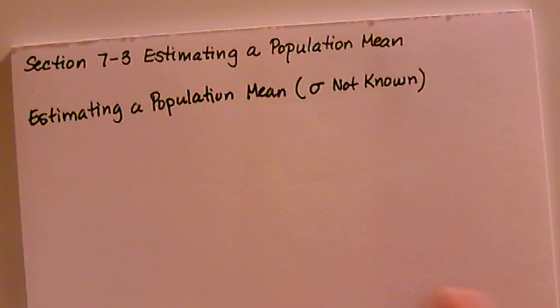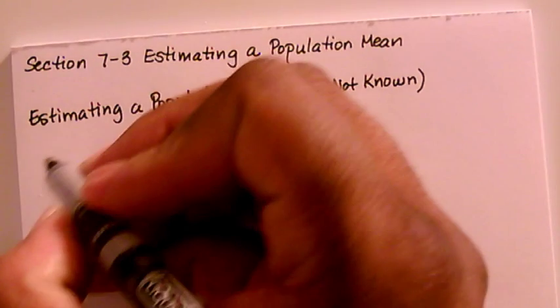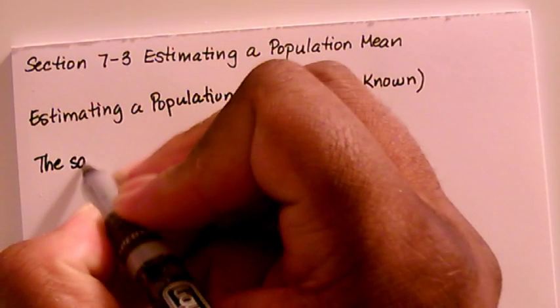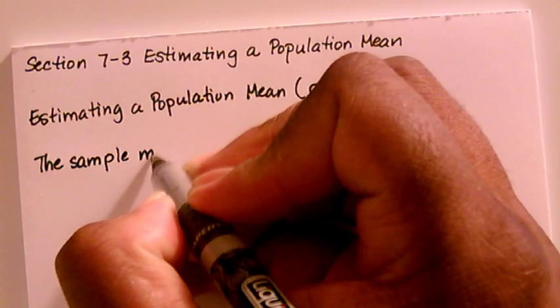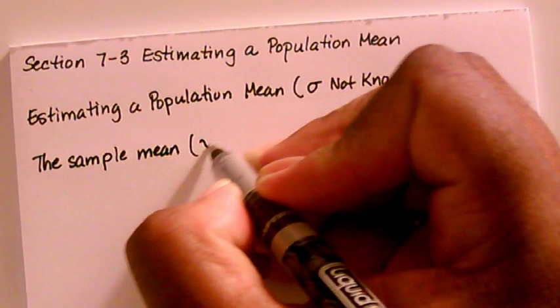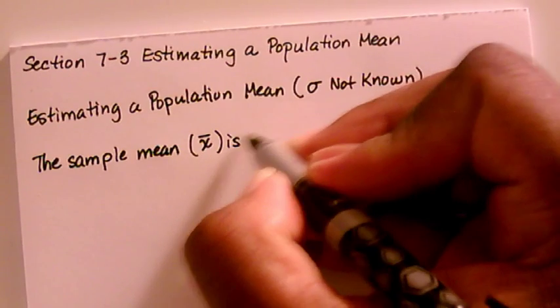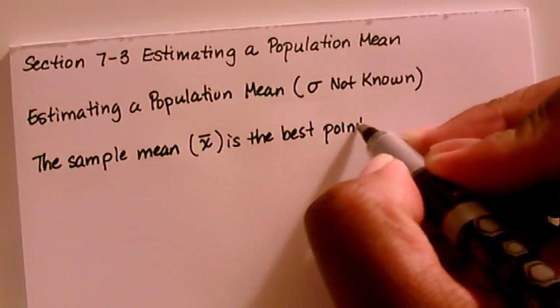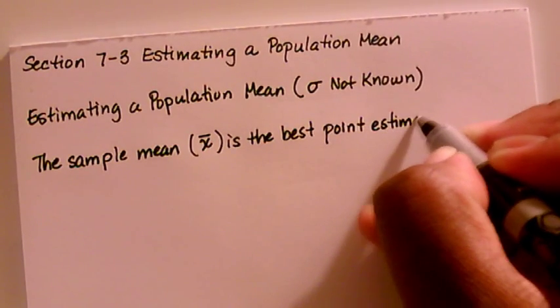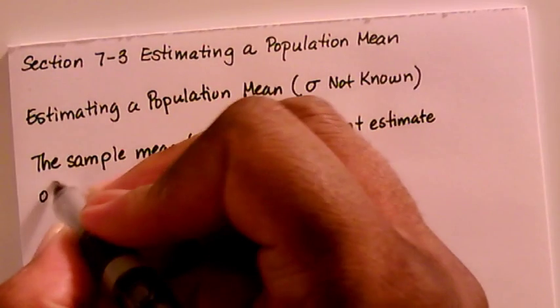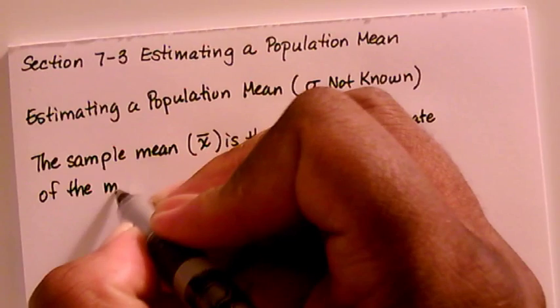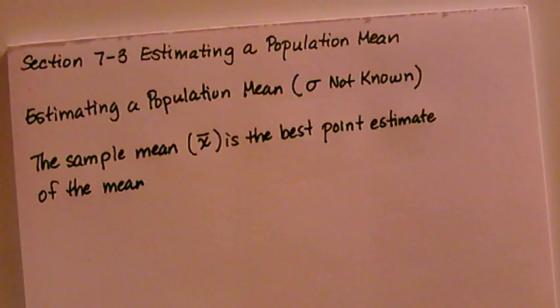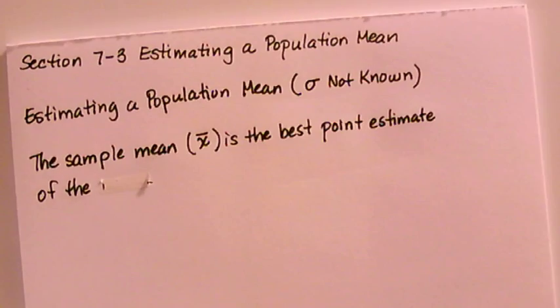Now, when we were estimating a population proportion, your p hat was your best point estimate for the population proportion. In this situation, your sample mean, which is denoted by x bar, is going to be the best point estimate of the population mean.